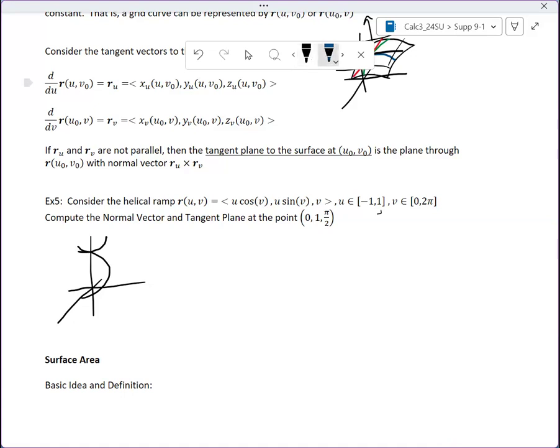When u equals -1, we would get a different tracing of a helix. And then as u varies between -1 and 1, as we hold v constant, we get sideways connections like this.